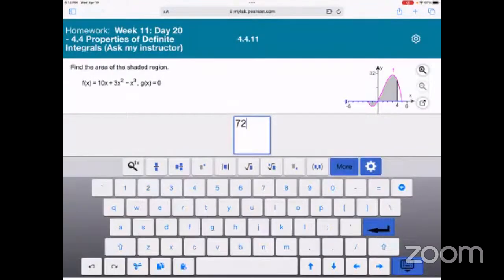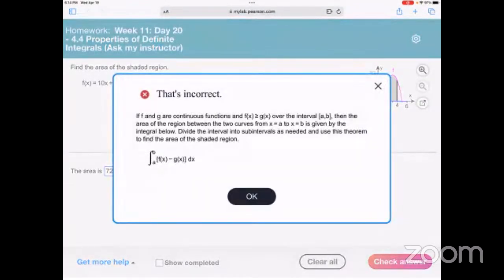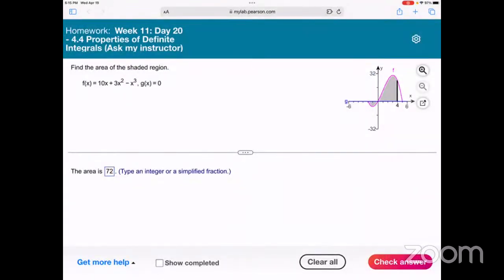Even if we said f minus g, because g is 0, if f is greater than g, then the area between the regions is going to be this. If dividing the integral into subintervals is needed, use this theorem. So the only other thing I could think, that's why I was kind of pausing for a moment, is that negative portion, right?